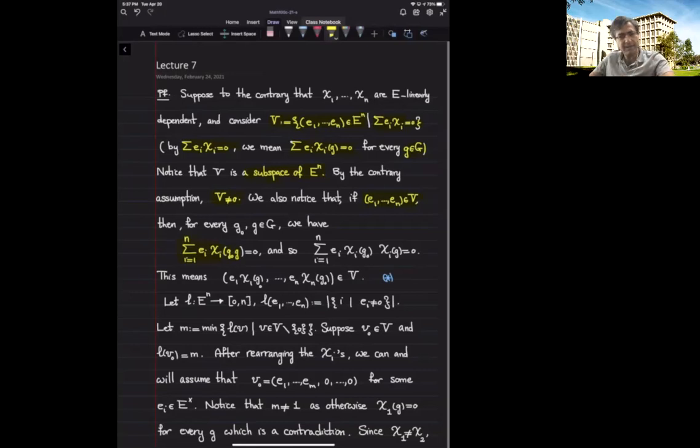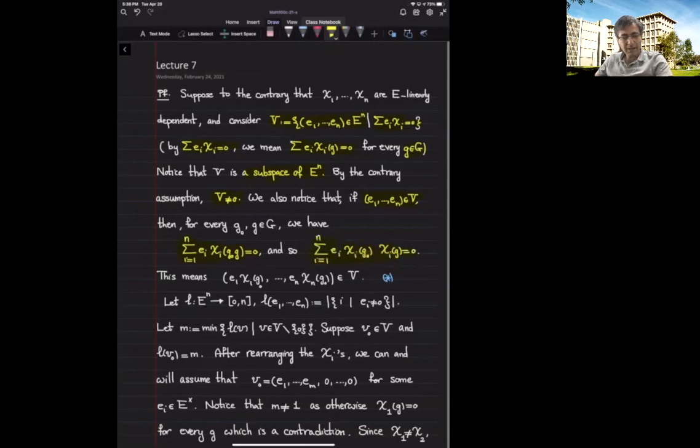I plug it into this function that's constantly 0, and I end up getting 0. Now I use the fact that the chi_i's are group homomorphisms. So instead of writing chi_i of g_0 times g, I end up getting chi_i of g_0 times chi_i of g. And this linear combination is supposed to be 0.